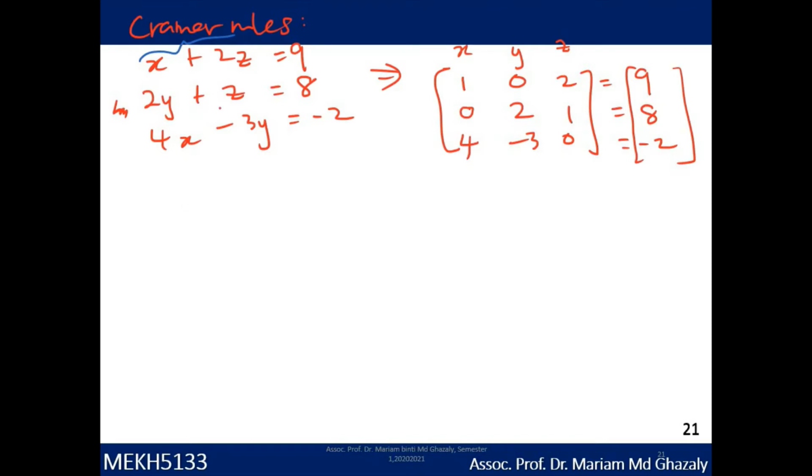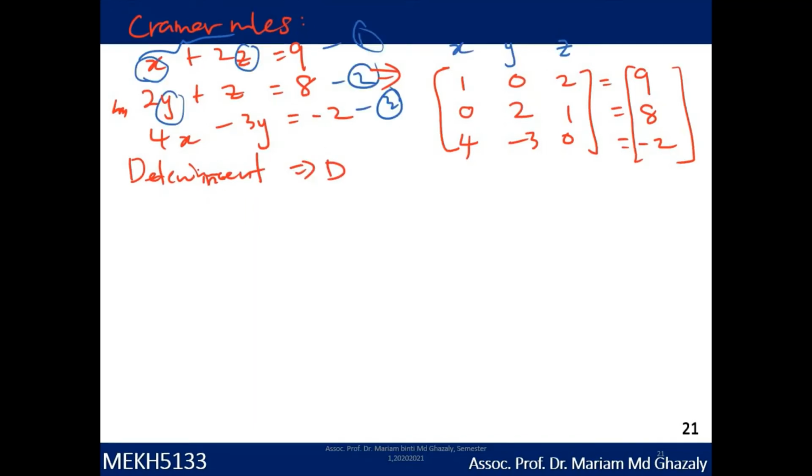What you need to do next is find the determinant, which is D. To find the determinant, we use this method. We are going to write out the determinant for the x value.